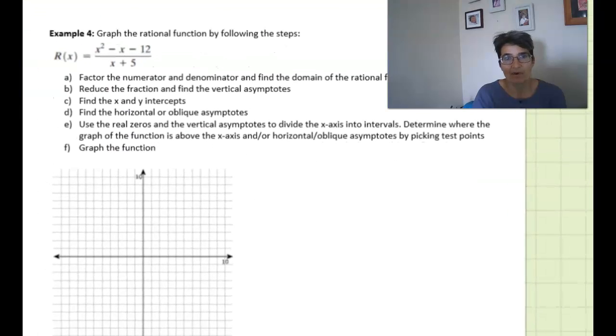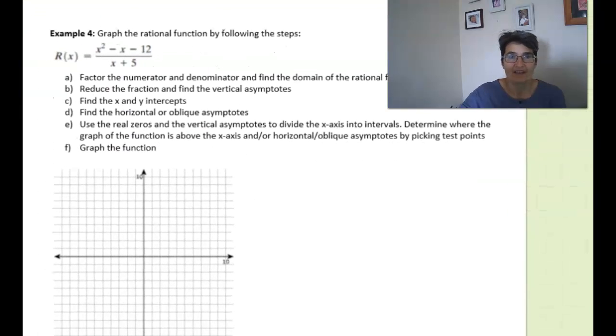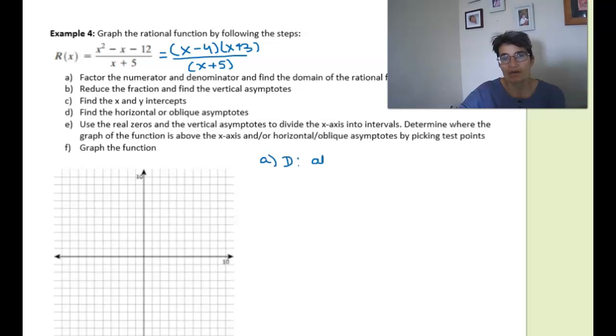Now let's look at one more problem. We're going to go through all the steps again. Let's factor. So this is x minus 4 and x plus 3 over x plus 5. I find the domain. The domain is all real numbers except for x equals -5, whatever makes the denominator equal to 0.